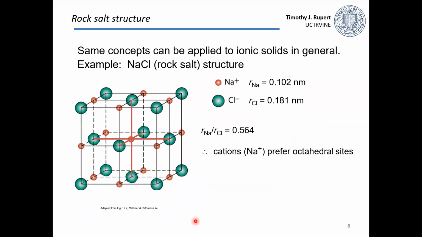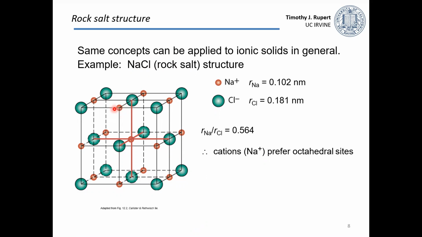Okay, so we can go and think about how this applies to different materials. Let's look at sodium chloride, which is also sometimes called the rock salt structure. This is in an octahedral site. This actually looks like 2 different face-centered cubic lattices that are interpenetrating.